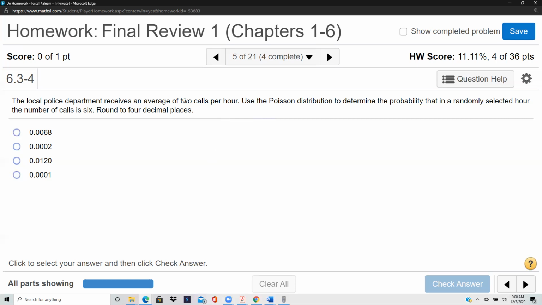But let's say they had said 2 calls per hour, but then they say in a randomly selected 6-hour period. So then you would change this 1 hourly average into a 6 hourly average. How? If it's 2 calls per hour, how many will it be in 6 hours?